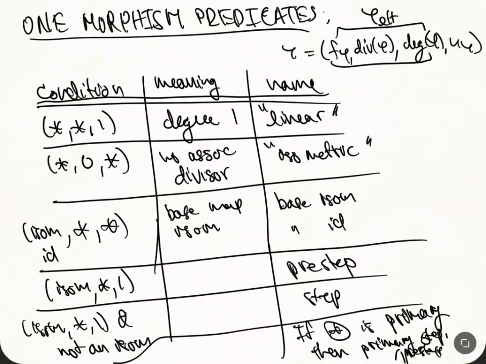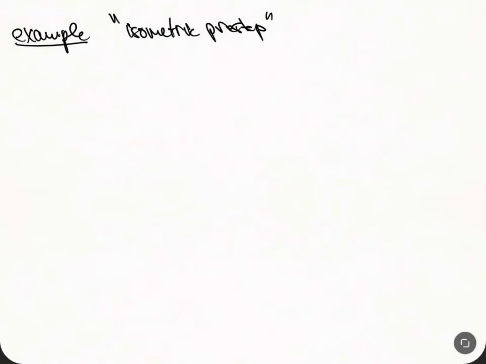Okay, so we'll look at the word isometric pre-step. Okay, and so how do you figure out what that means? So here you go here and you look at isometric. So isometric says it's this. Isometric means it has this form, so that the divisor in the map is 0.